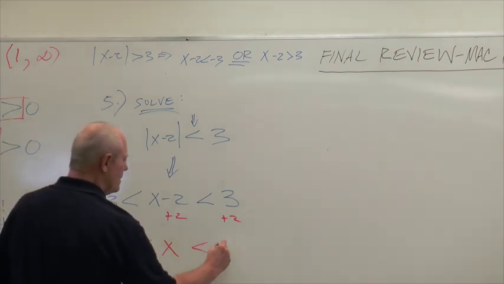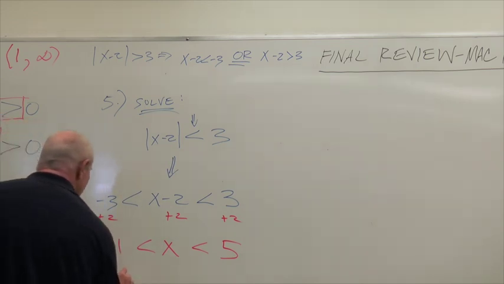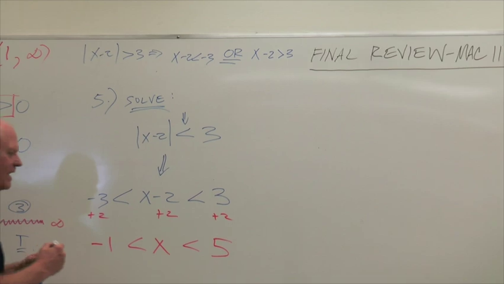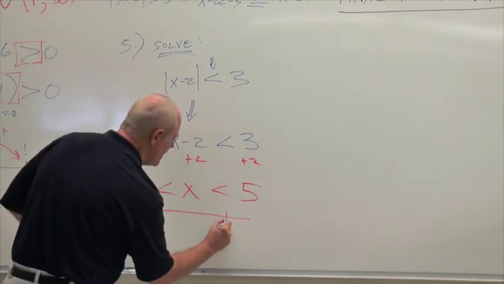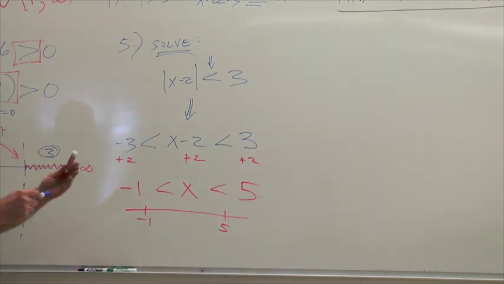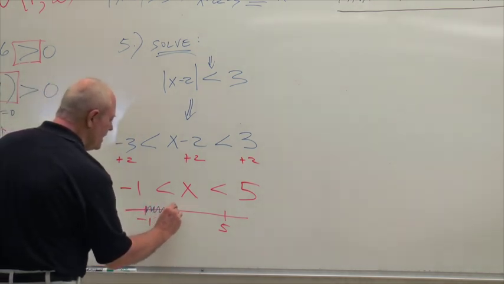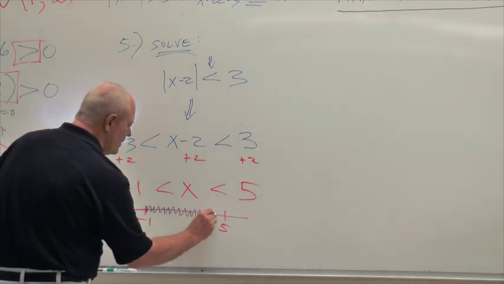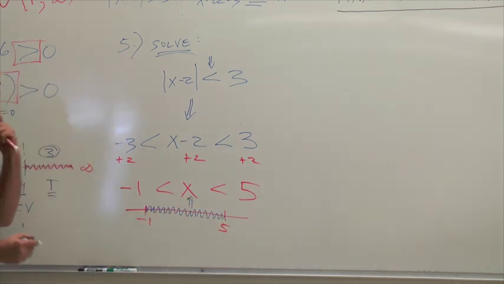5. Now, what does this mean in interval notation, literally? Whatever I plug in here on the number line, where's 5? Where's -1? The only points that are part of the solution are the points between -1 and 5.